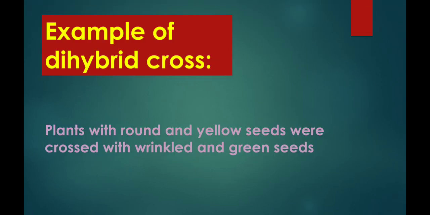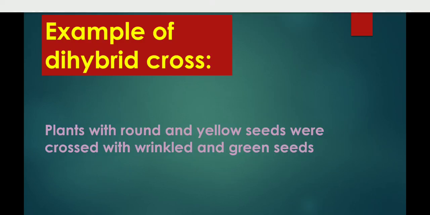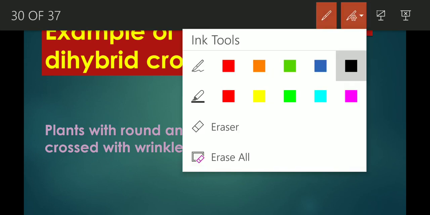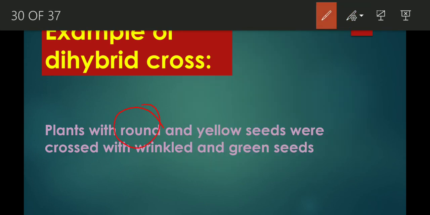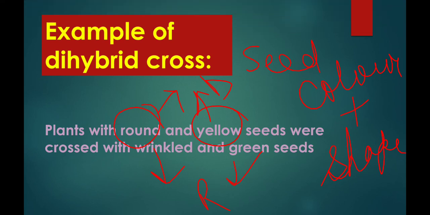Now move to an example of dihybrid cross, where the plants with round yellow seeds, here the seed color and seed shape, both the characters have been selected at a time. These 2 are dominant traits and these 2 are recessive traits. So let's see.